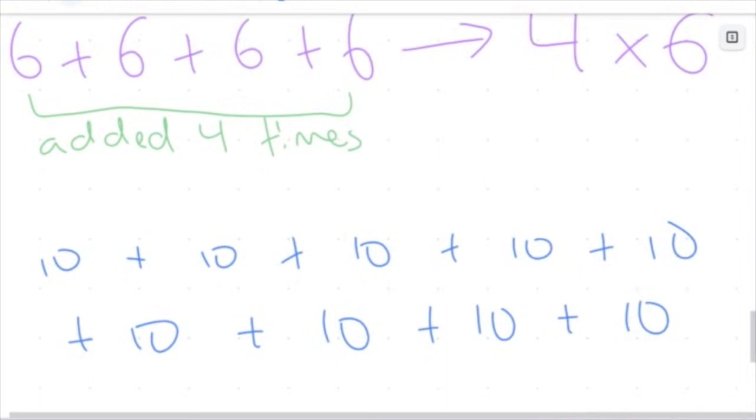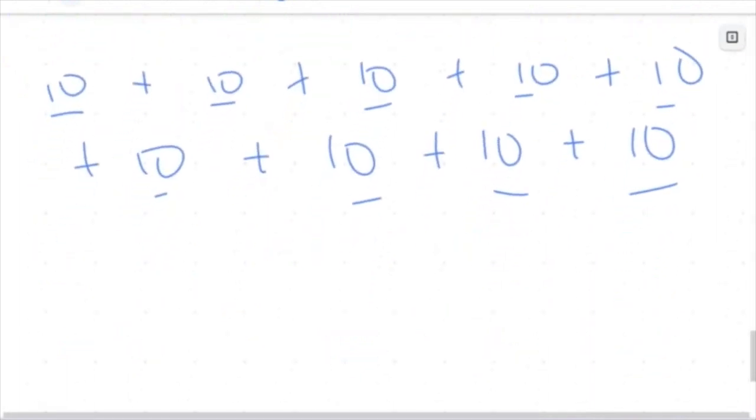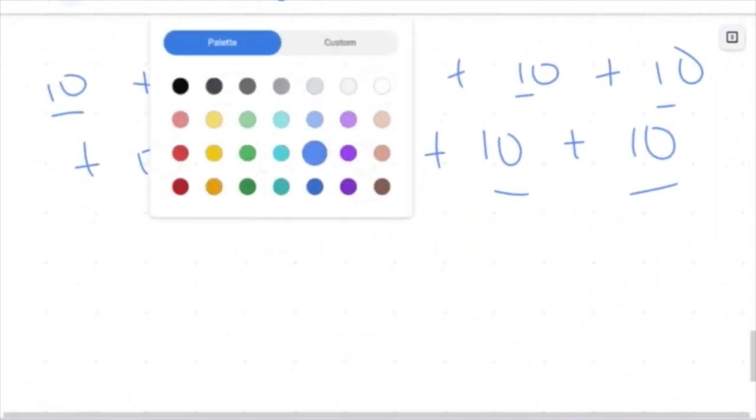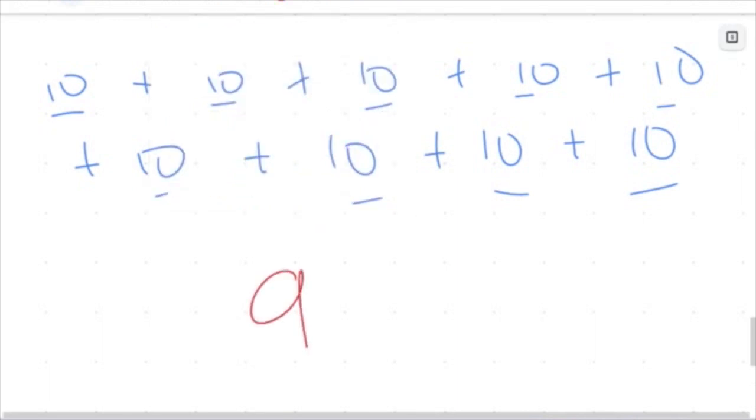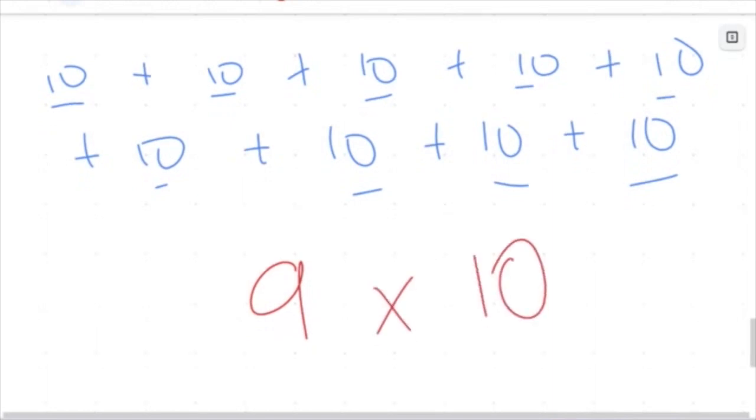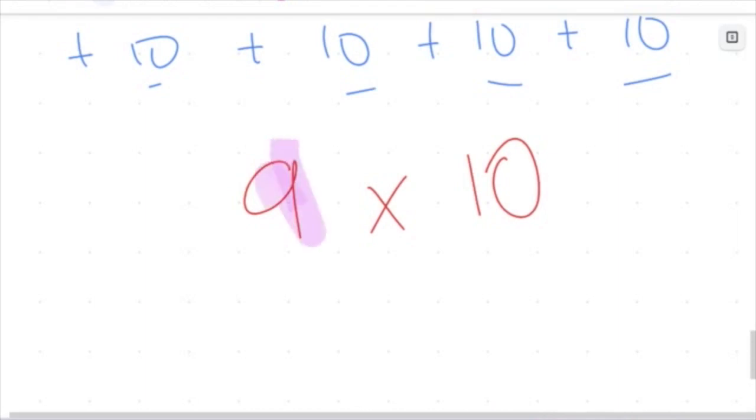Instead of writing 10 added to itself 9 times, I can just write there are 9 groups of 10. And I write that with my expression of multiplication here. We have 9 groups of, or lots of, the number 10. So that's what we mean when we multiply.